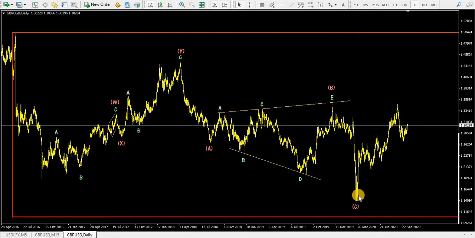And we've got our 3 waves here, we've got our 3 waves here, so now we can anticipate. So we're using the wave structure to now anticipate what might be happening next. So we've got a 3 wave over here. This could be a very large 4th wave that we are in, of a much higher degree. So this one over here, we can say is our A wave.